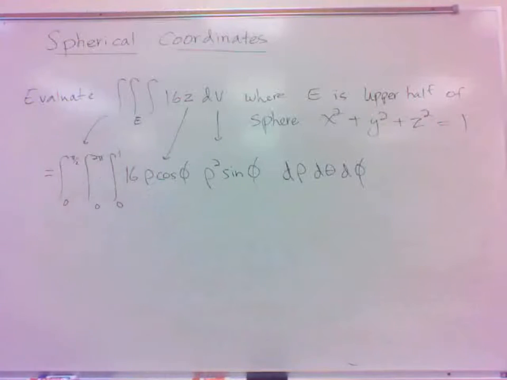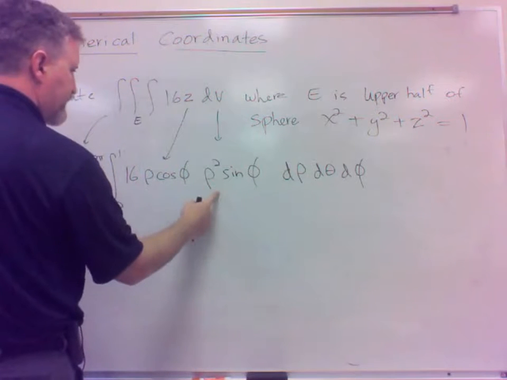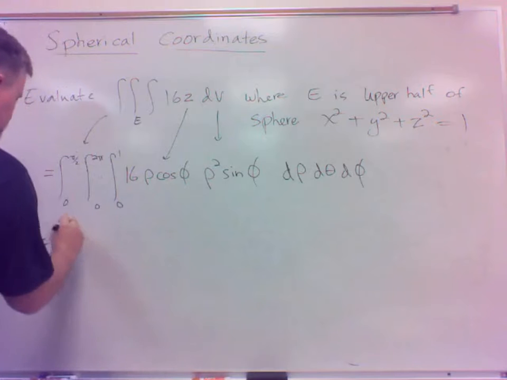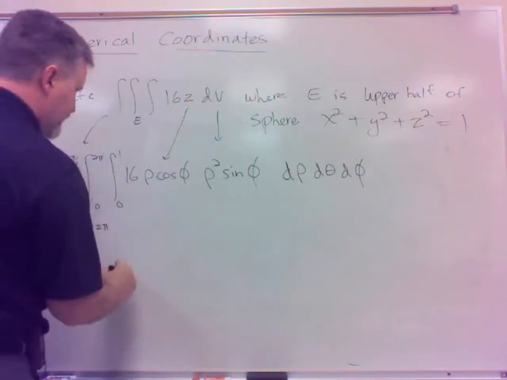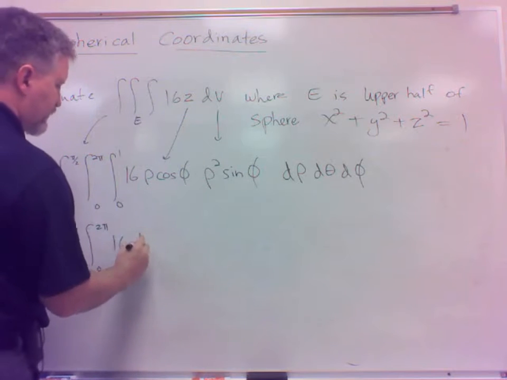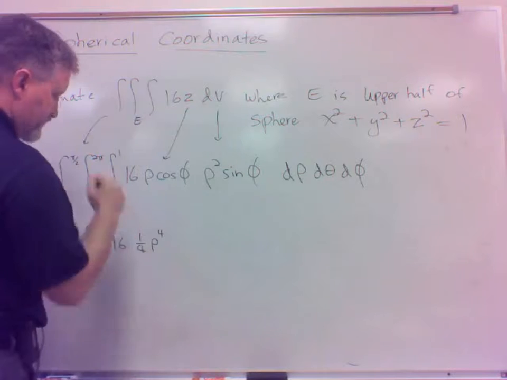So we're integrating rho first, so that would be rho cubed. So that integral, 0 to pi over 2, 0 to 2 pi. The first integral, we got 16 times 1/4 rho to the 4th, right? Because that's rho cubed, so the antiderivative is 1/4 rho to the 4th.